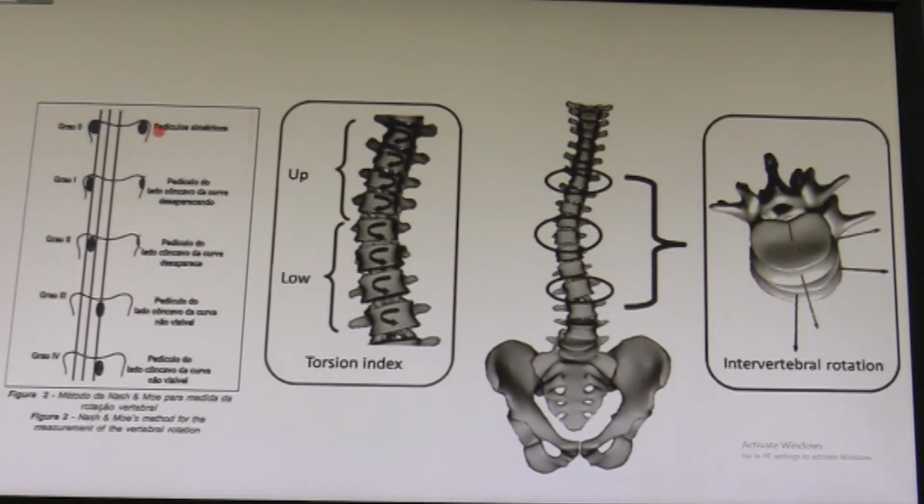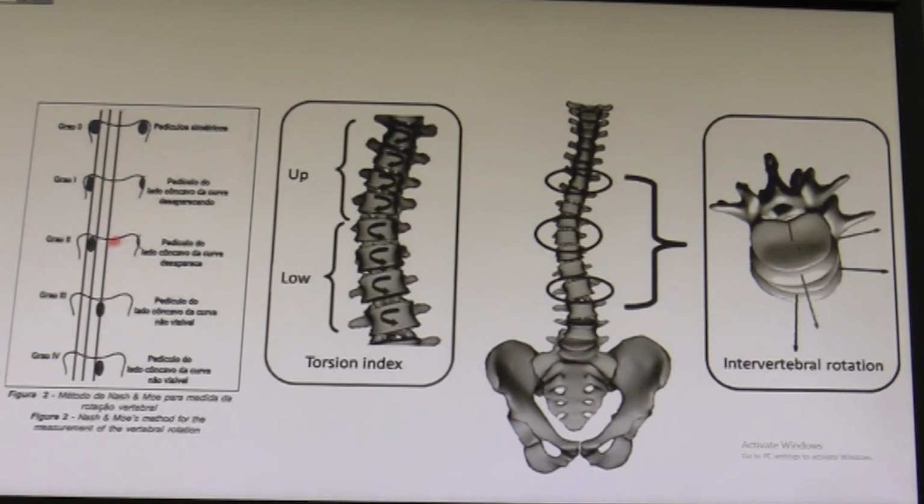How's that? We have grade 0, where the pedicles are at the same distance from the midline, clearly seen. In grade 1, at the apex, the vertebra is rotated, so the pedicle on the concave side diminishes, and the pedicle on the convex side goes more medial.